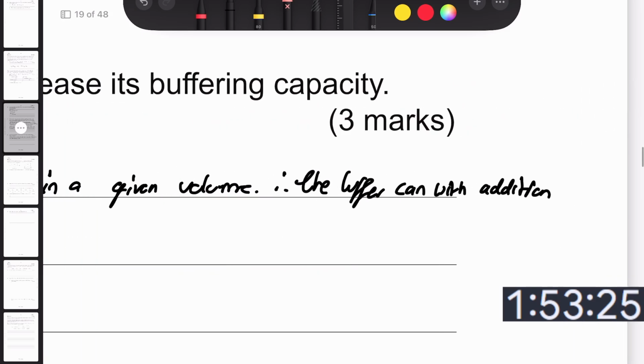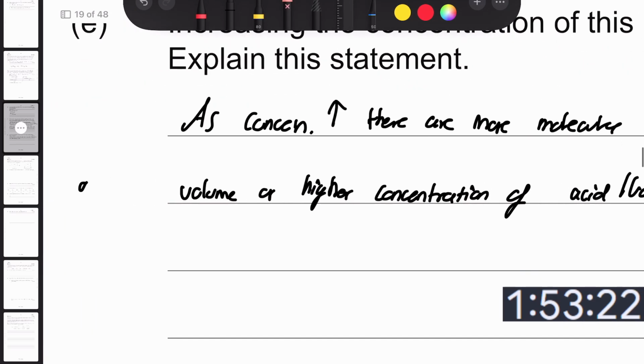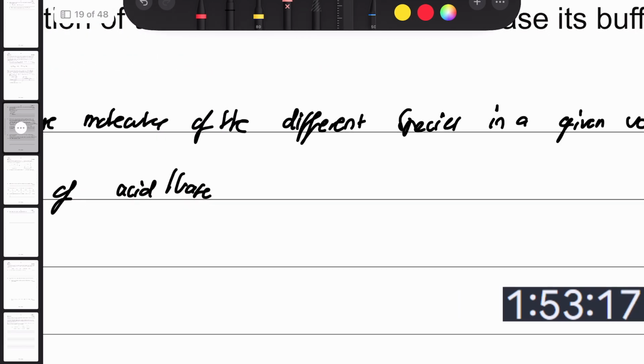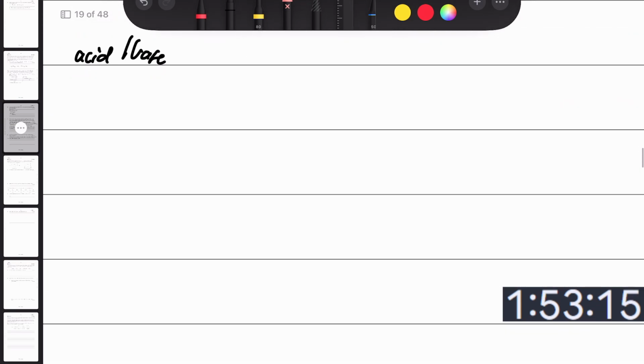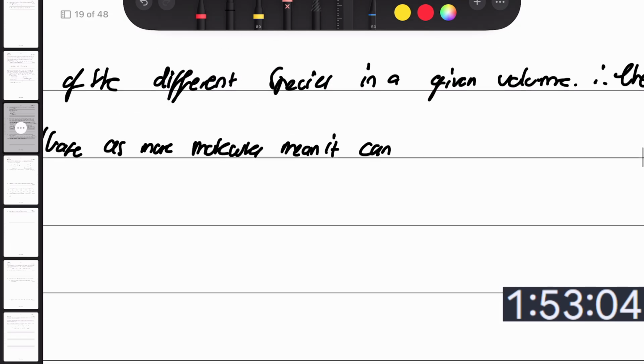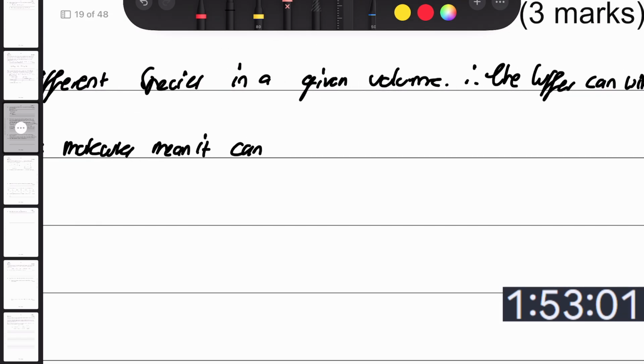Addition of more volume or high concentration of acid/base. As more molecules mean it can partially reverse the impacts of addition of such.